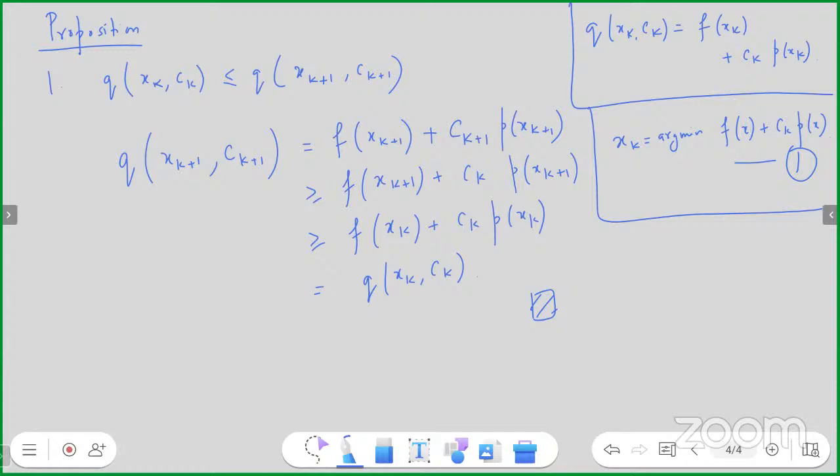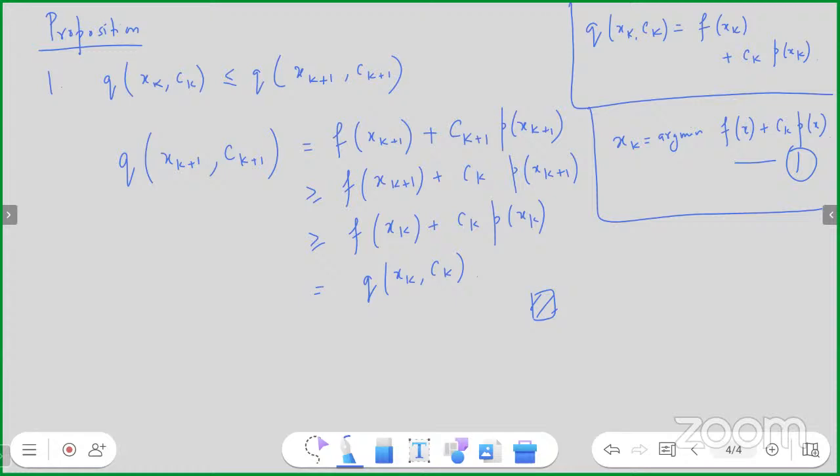What about P? What is the relation between P of x k and P of x k plus 1? Even if you don't have an answer, think about it.